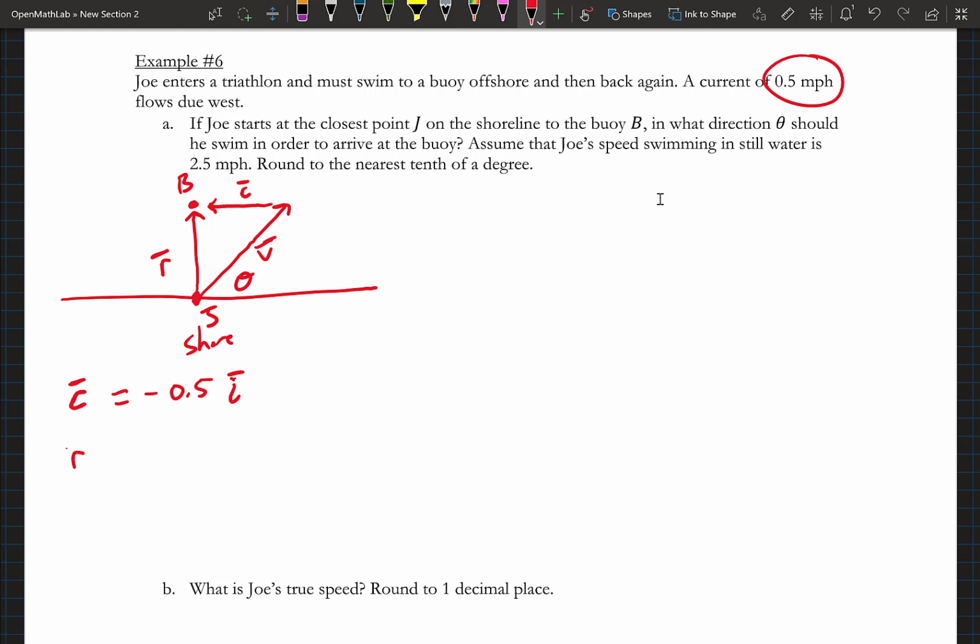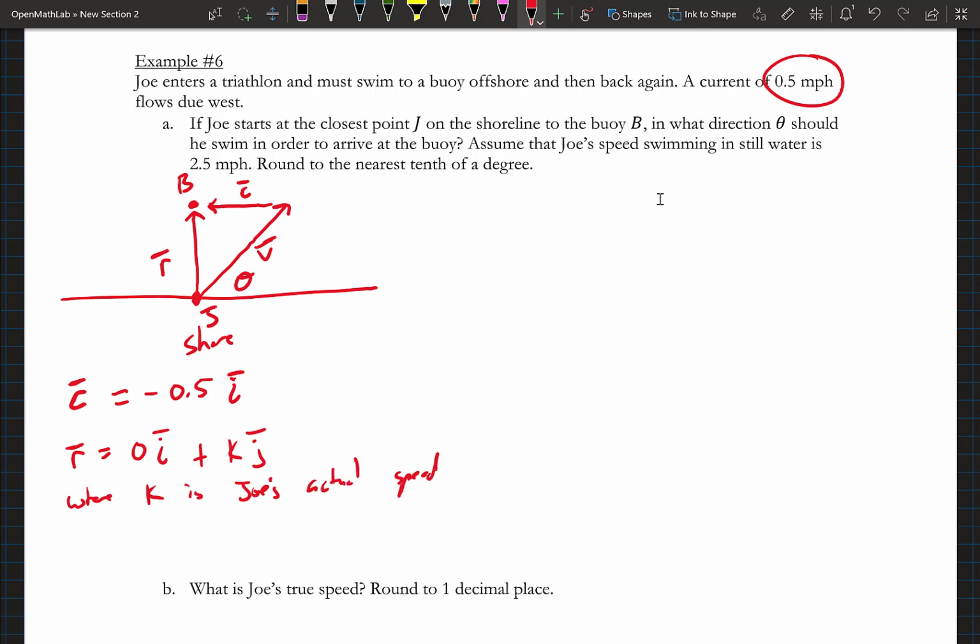And then vector R, the resultant vector, that's going straight north, right? So that's going to be in the form 0I, because we don't have an x component, plus k times j, where k is Joe's actual speed.